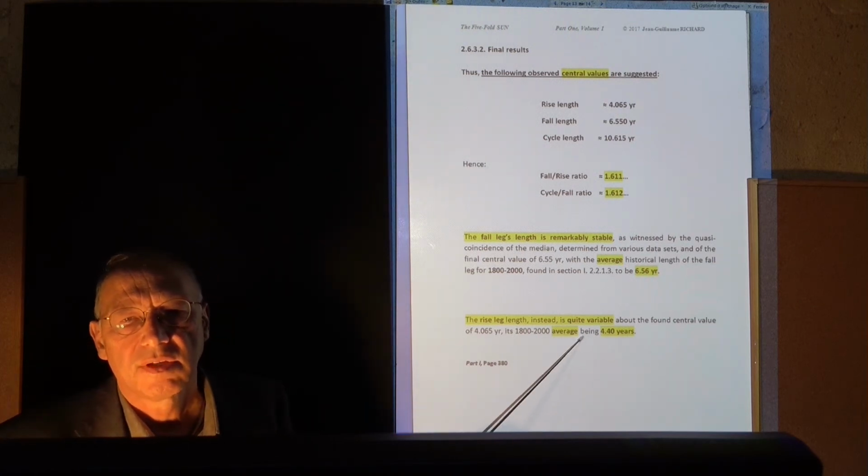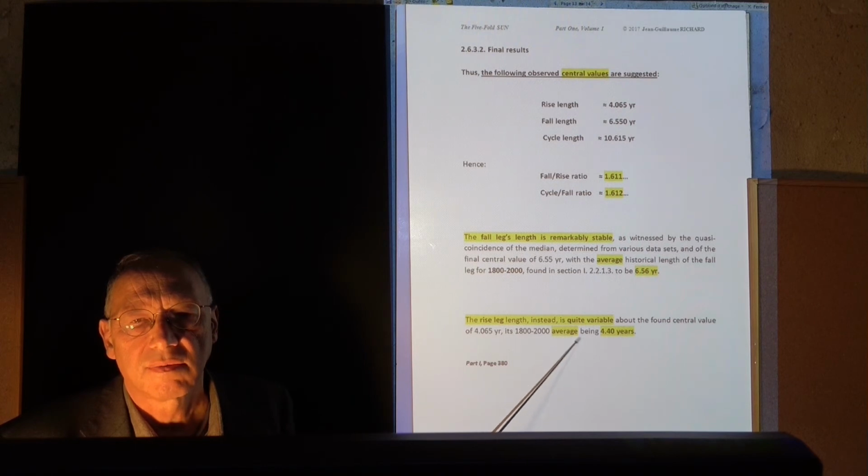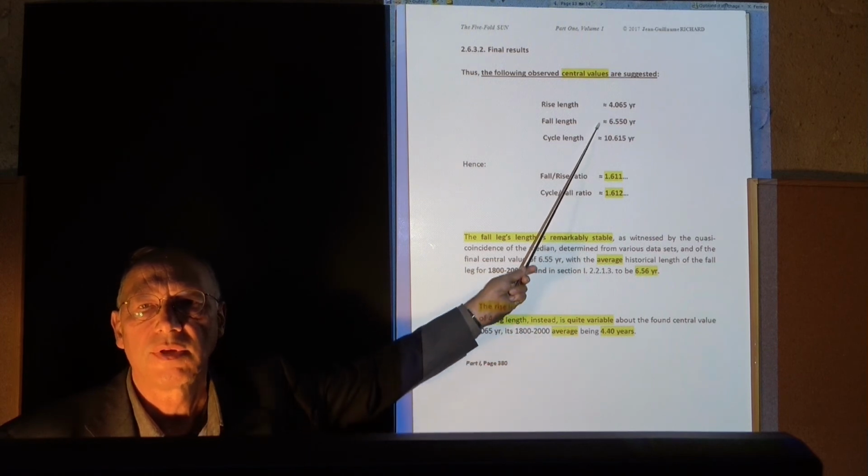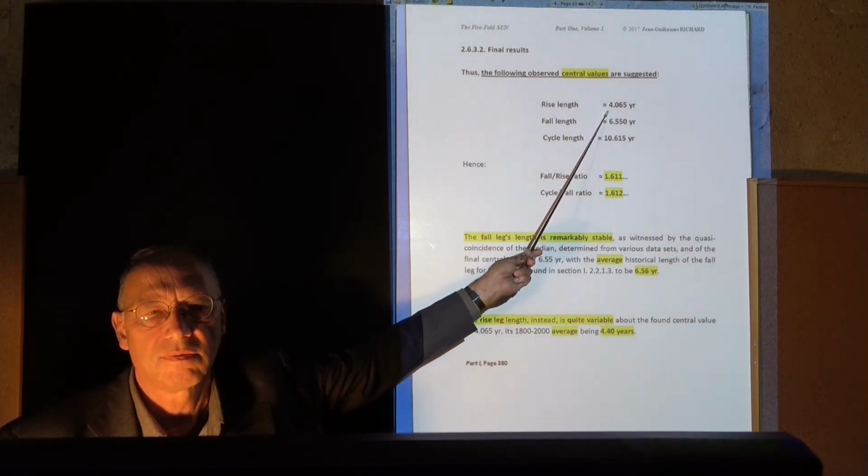You see, the average of the rise leg has been as high as 4.4 years in the last 200 years, compared to only 4.06 years as its central value.